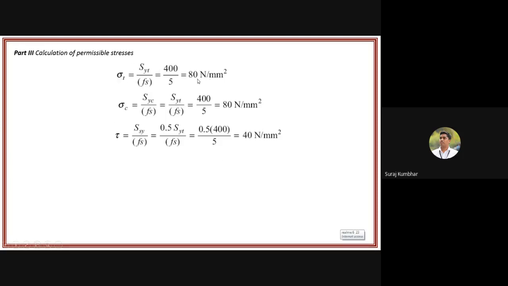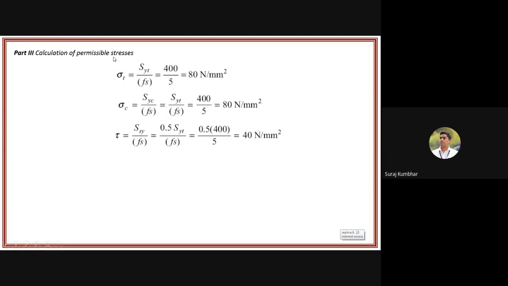So the permissible tensile stress is 80. If your tensile stress in case of the knuckle joint is greater than 80, then your component is going to fail. In that case, your design is not safe, so you need to change your material, because it will not be sustainable for whatever tensile force they have given in the problem statement.